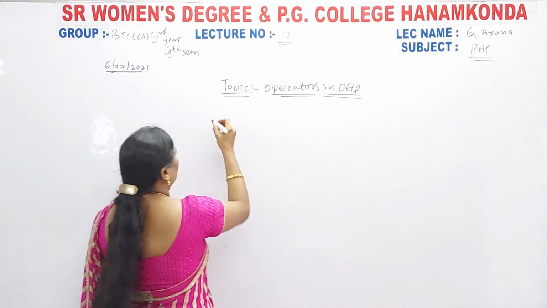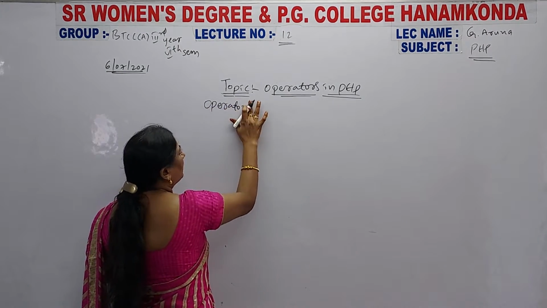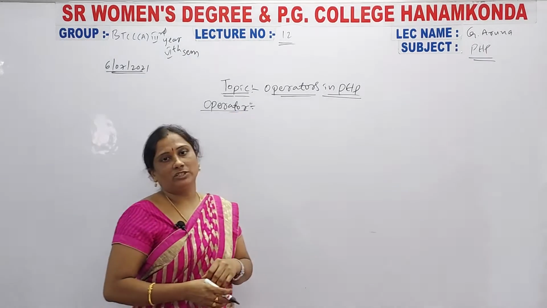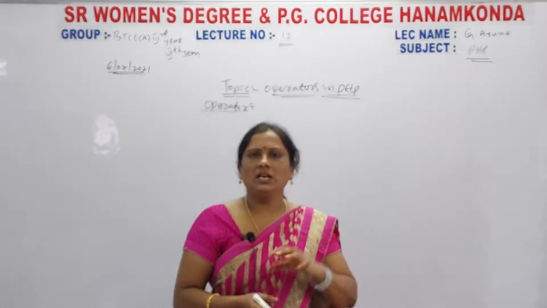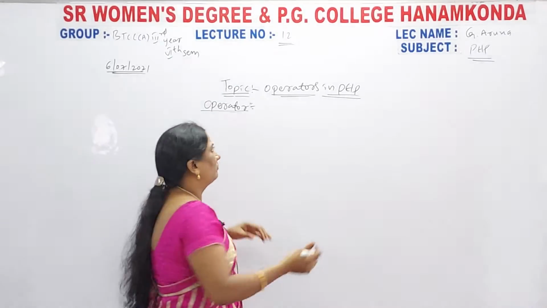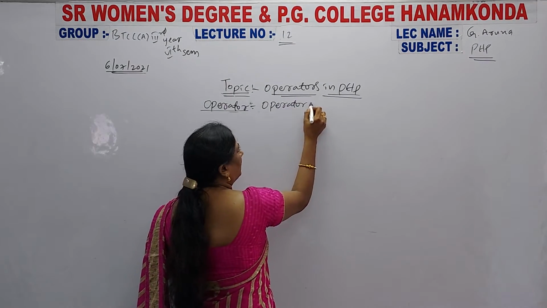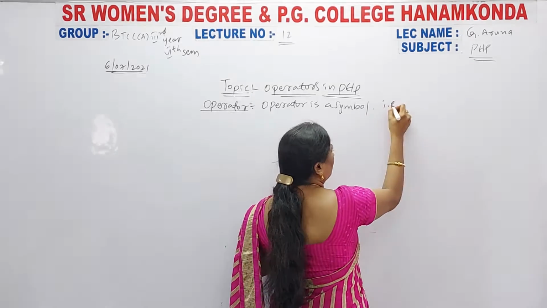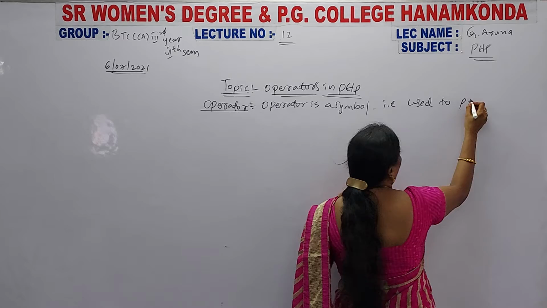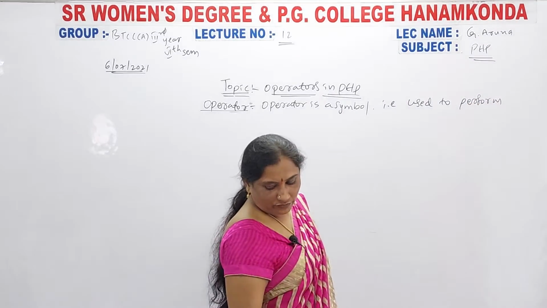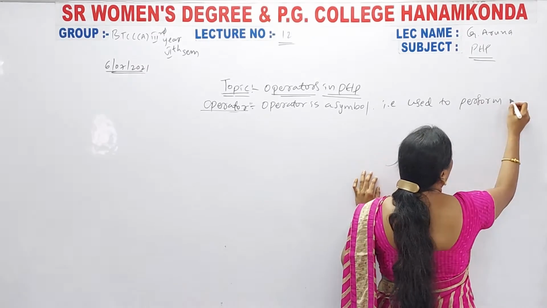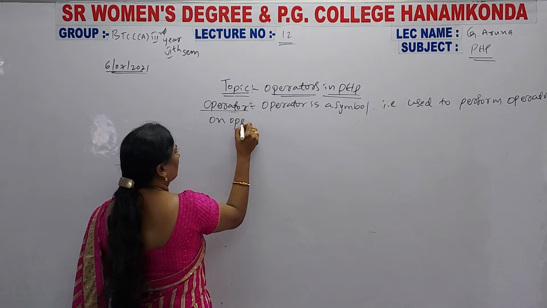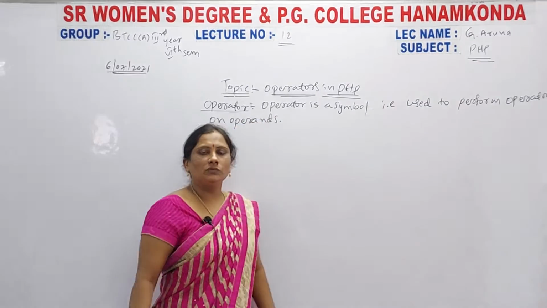So what is an operator? An operator is a symbol that is used to perform operations on operands. This is the operator definition.